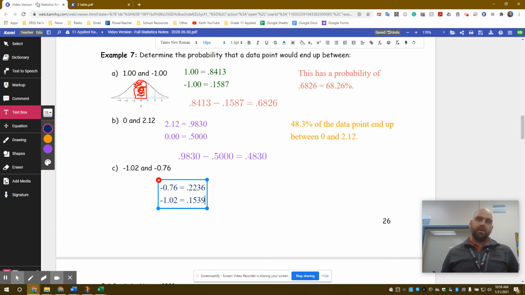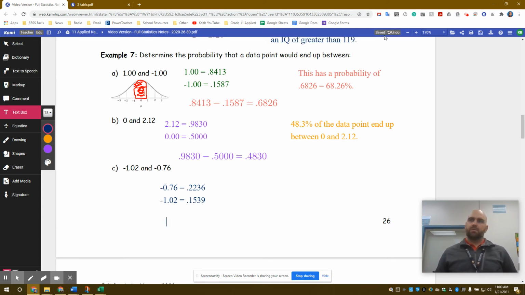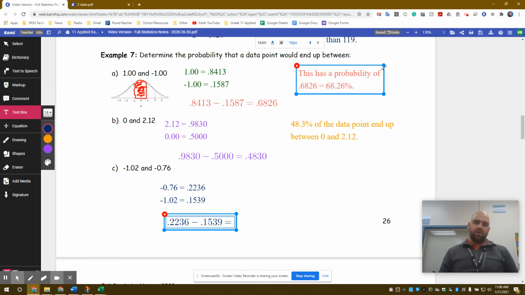Now again, we take the bigger number and subtract the smaller number. 0.2236 minus 0.1539 is 0.0697.